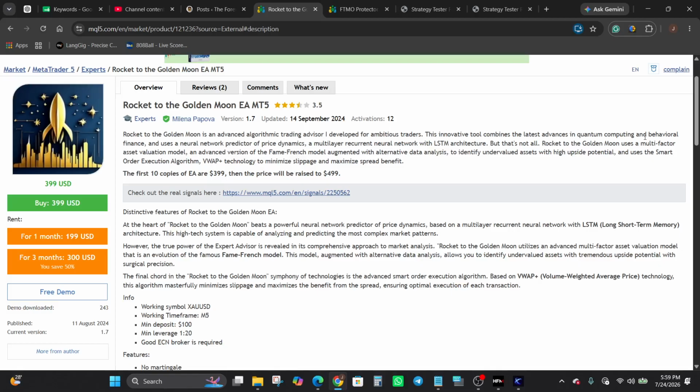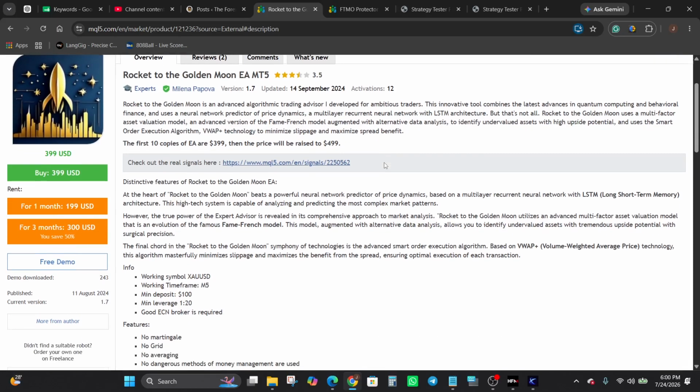Additionally, the listing notes the integration of a multi-factor asset valuation model, an adaptation of the Fama-French model, with alternative data to spot undervalued market conditions along with VWAP plus technology. The VWAP plus smart order execution algorithm is aimed at minimizing slippage and optimizing spread execution.